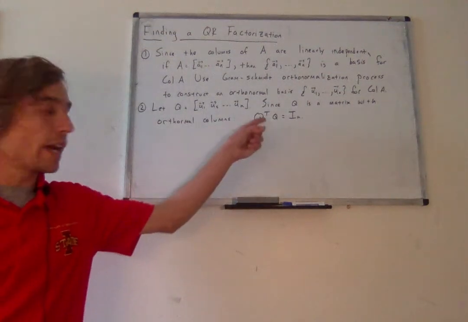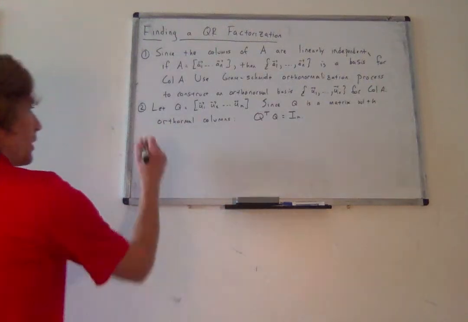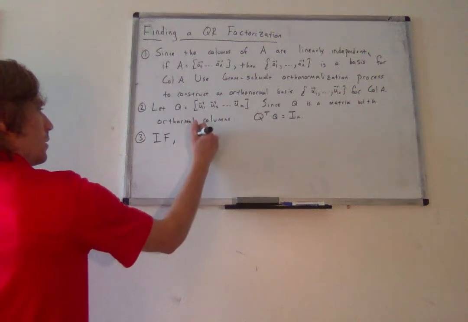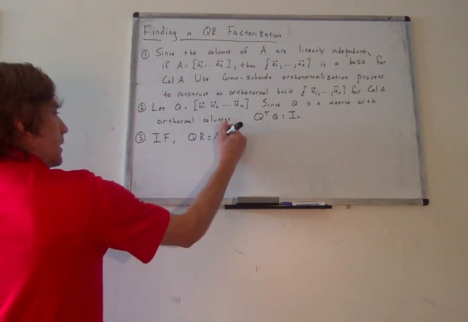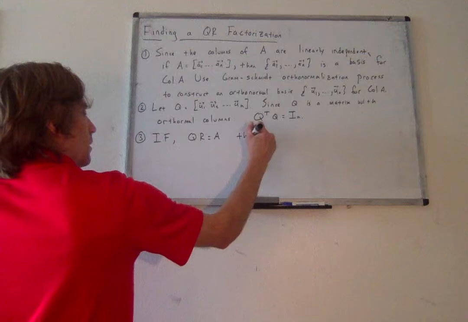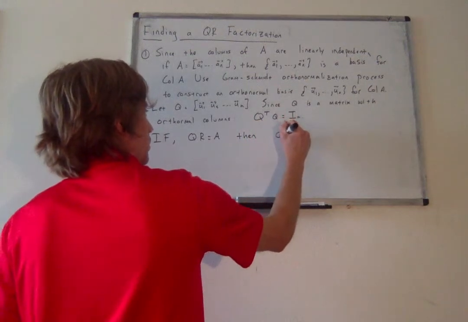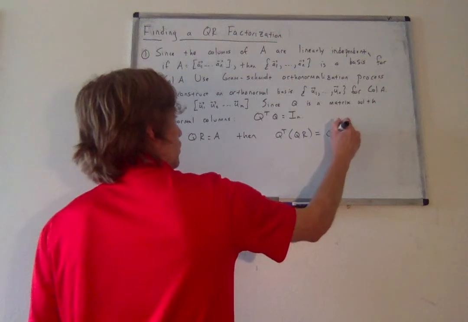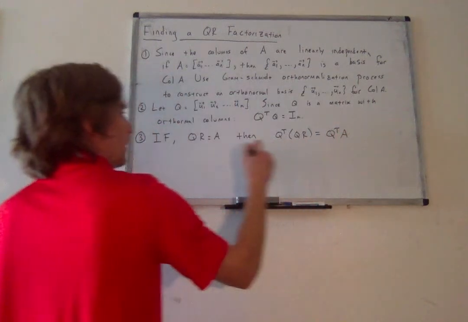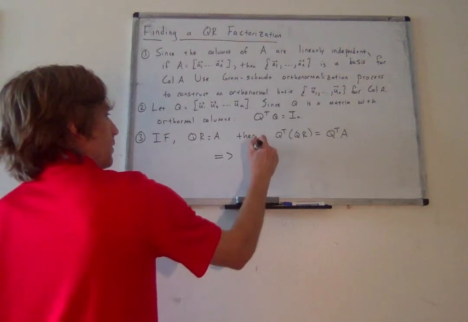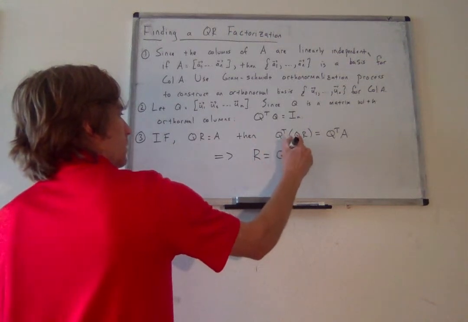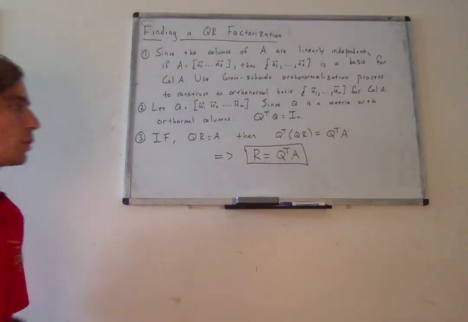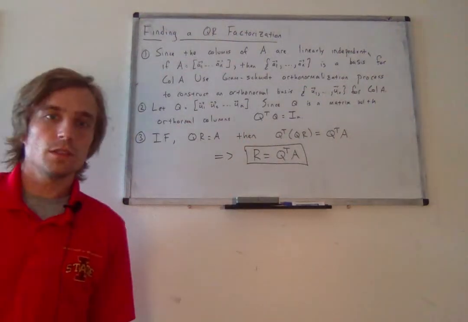So this fact right here is going to help us find R. Because if Q times R is equal to A, then Q transpose times Q times R is equal to Q transpose times A. And this implies that once I've found Q, I can find R by multiplying A by Q transpose on the left.